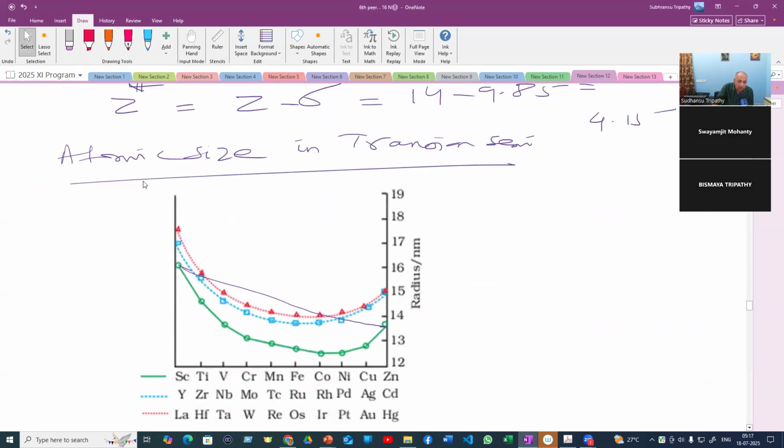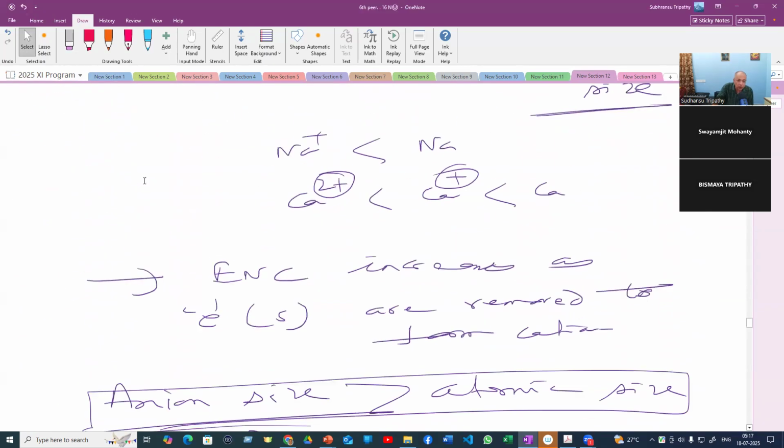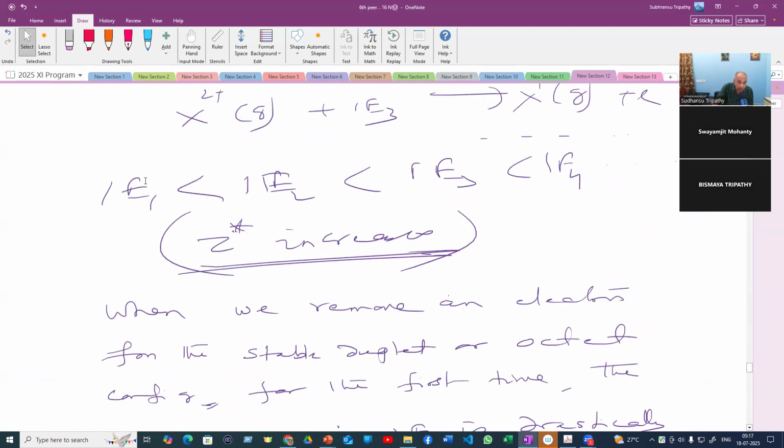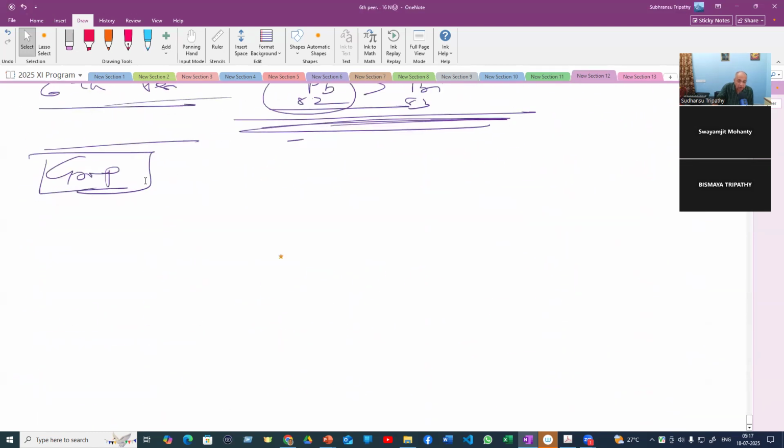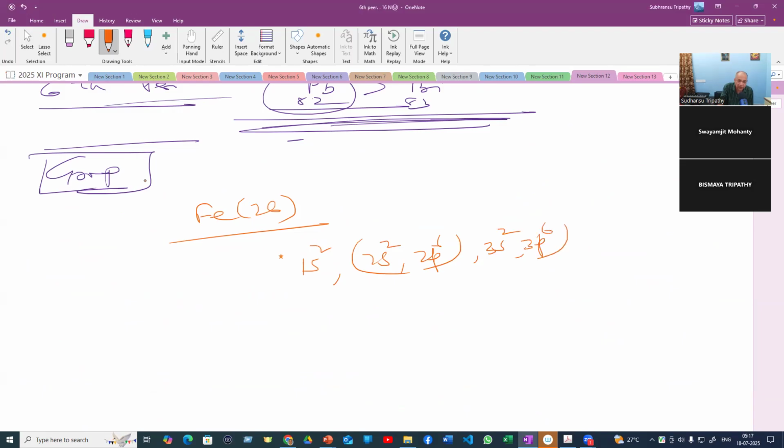Now, Mr. Tripathi has asked me to explain to him why, supposing we are again discussing the case of iron, this will be 1s2, 2s2, 2p6, 3s2, 3p6, then 4s2, 3d6. So for S, 1 plus 1.